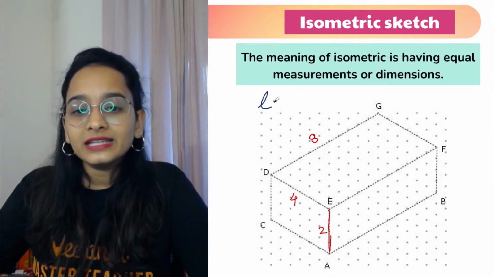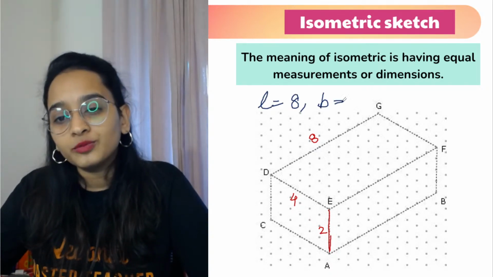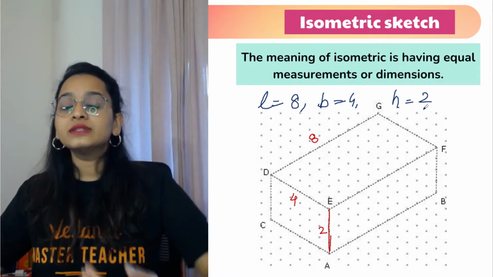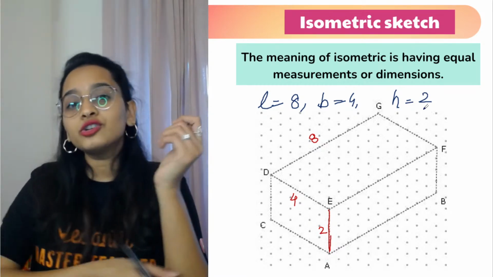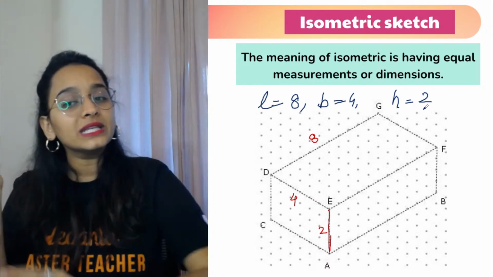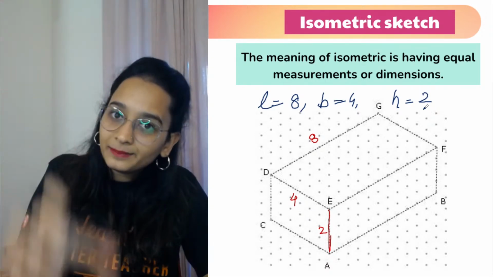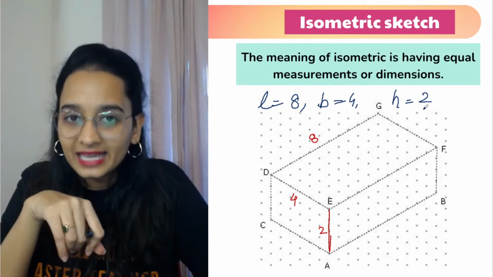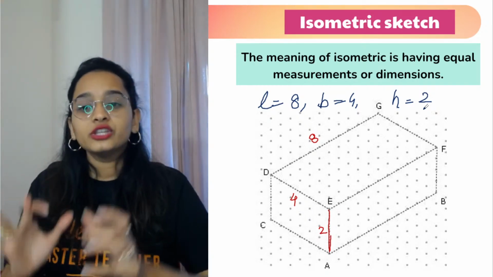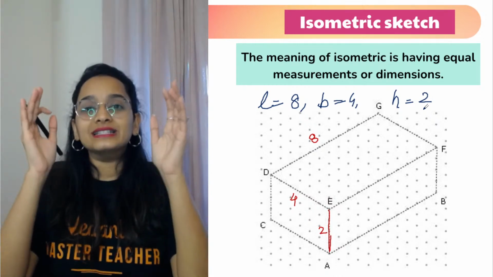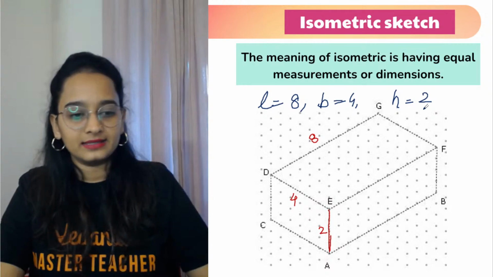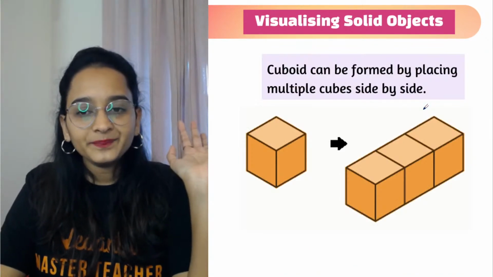If I give you that the length should be 8, the breadth should be 4, and the height should be 2, then when you are drawing using an isometric sketch on dotted paper, you can see that the length will be 8 even if you measure with a scale. The breadth will be 4 and the height will be 2, right? So the dimensions will be just the same as given in the question. That's it. Okay.